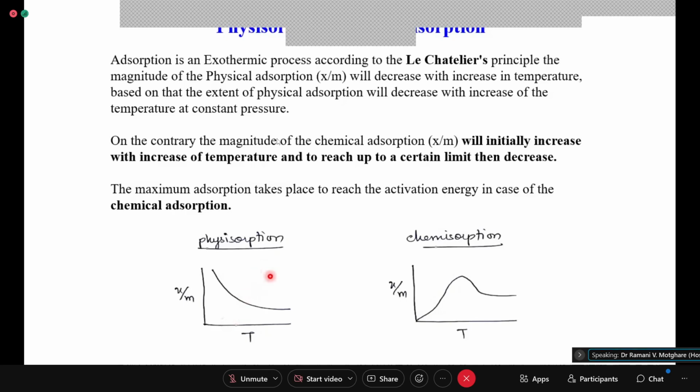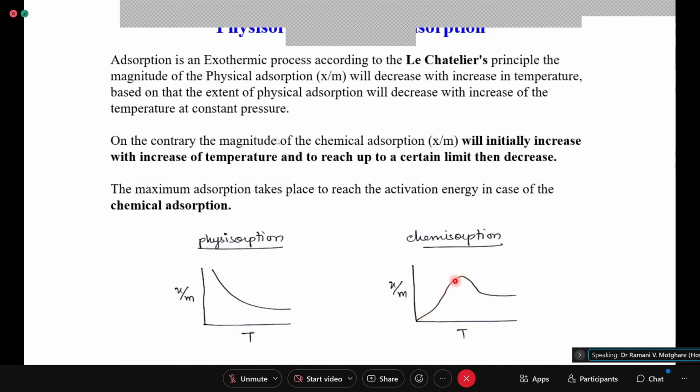So with increase in temperature, it gradually decreases, not a big steep change. For chemisorption, initially with increase in temperature, chemisorption increases.